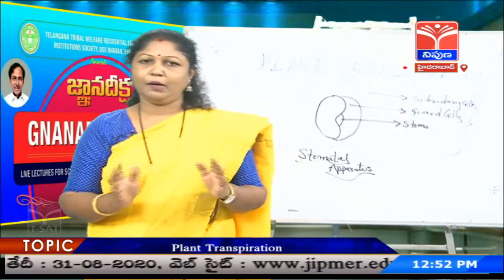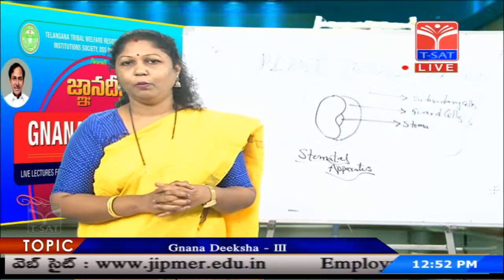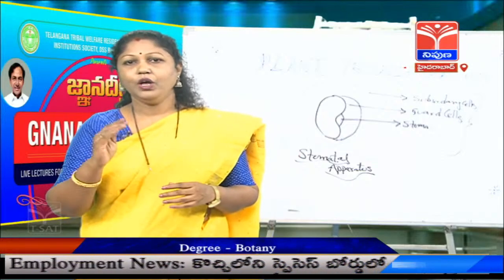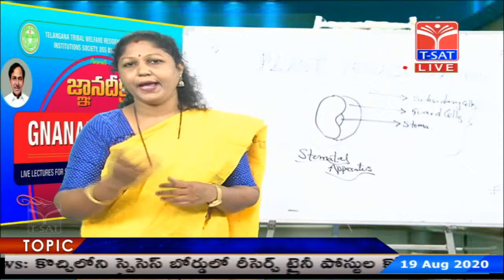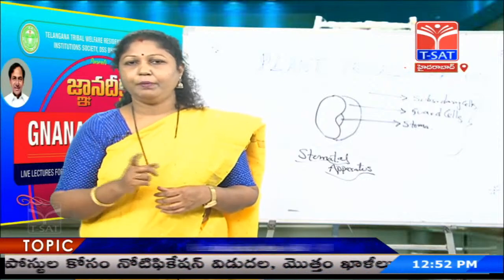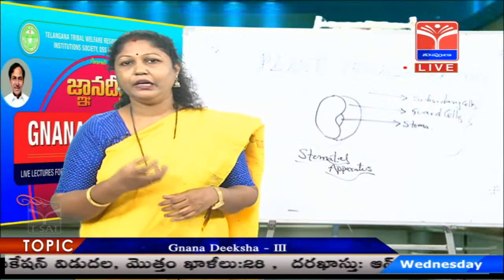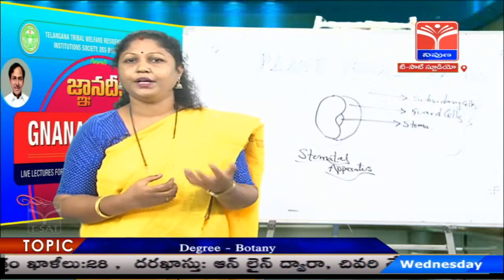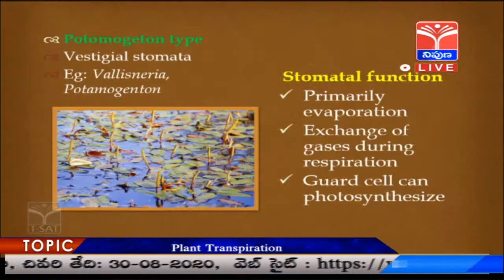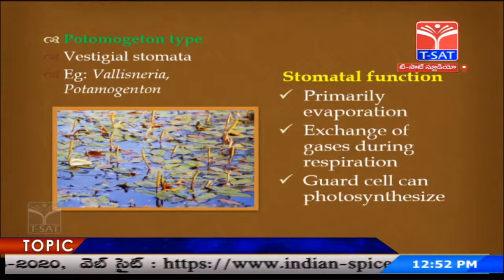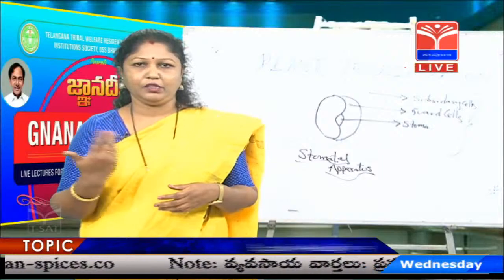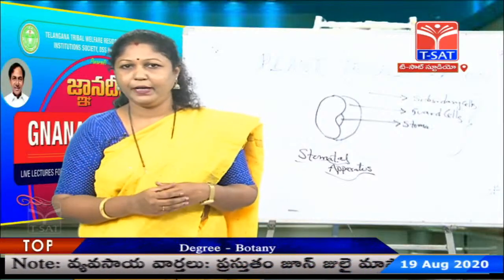Okay. So, to sum up, what are the main functions of the stomata? Primarily, it is the evaporation, that is loss of water in the form of water vapor into the external environment from the intercellular spaces of the plant. So, the root pressure that has been triggered by the transpiration leads to more absorption of water along with the essential minerals through the roots from the soil, and passes on to the aerial parts of the plant, and this root pressure is constantly maintained because the rate of transpiration is constantly maintained during midday.